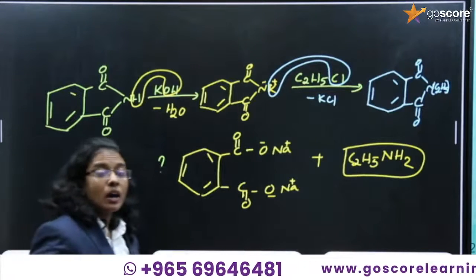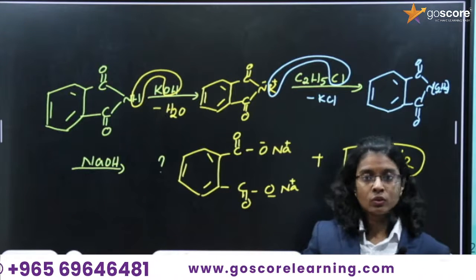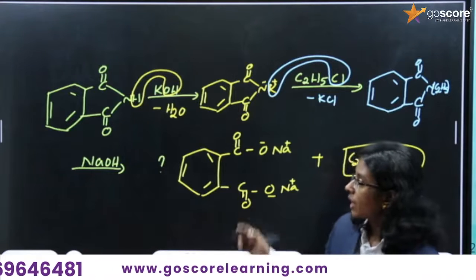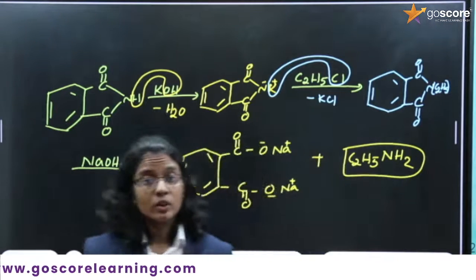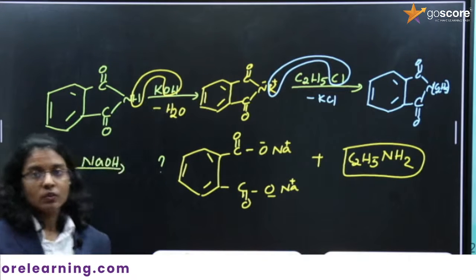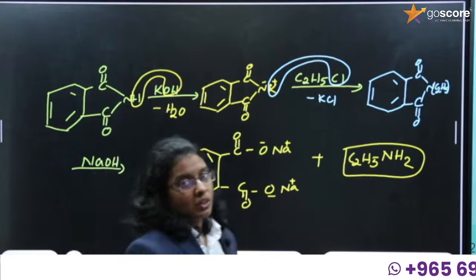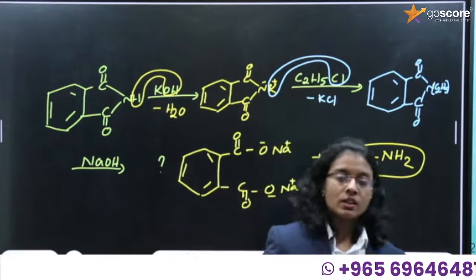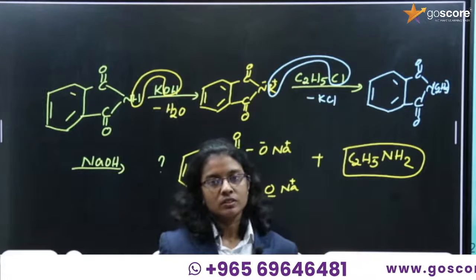Why do primary aromatic amines not undergo Gabriel phthalimide synthesis? Because aryl halide does not undergo nucleophilic substitution with the anion formed by the phthalimide.